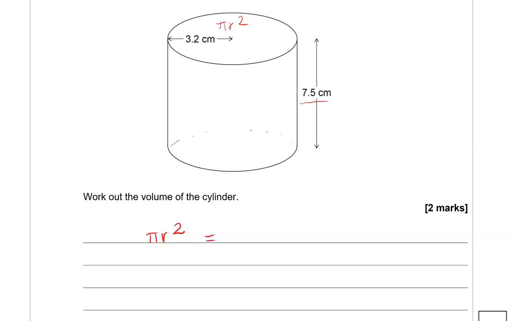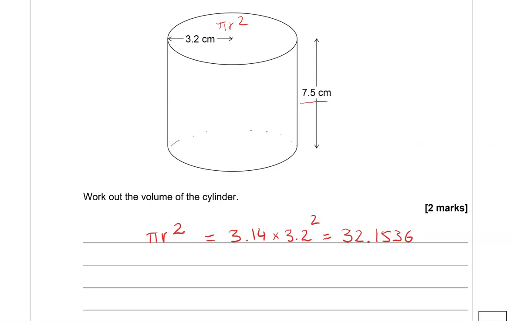So, pi, we can use 3.142, should be absolutely fine. And then r is the radius, which is 3.2 centimeters in this case, so radius squared. Inputting this in the calculator gives us 32.1536.